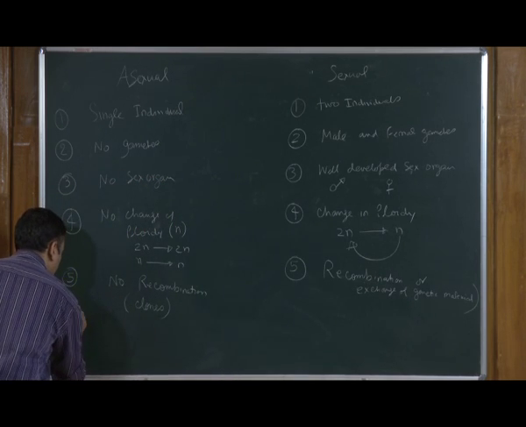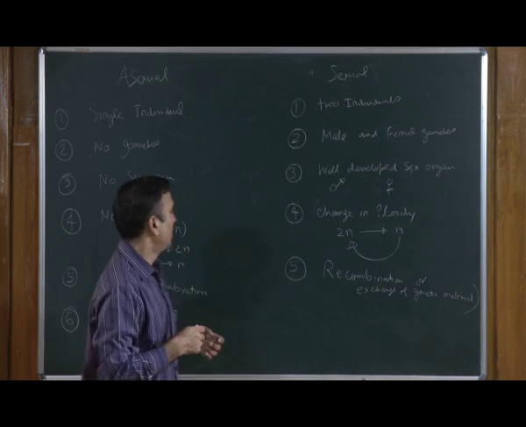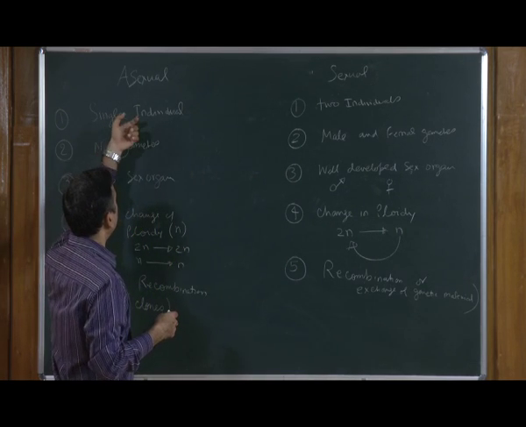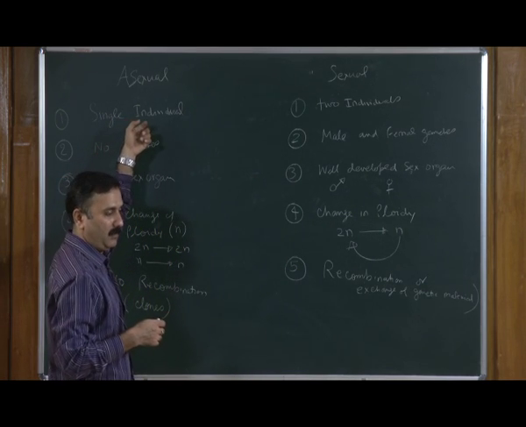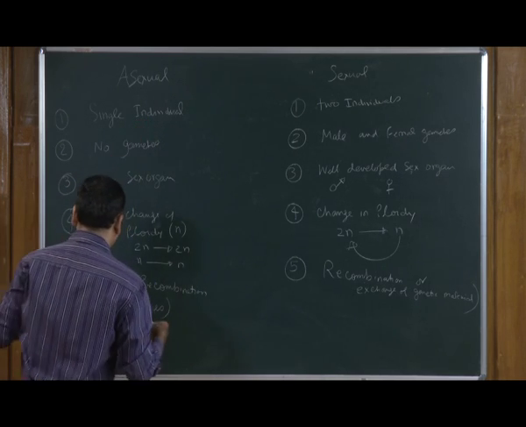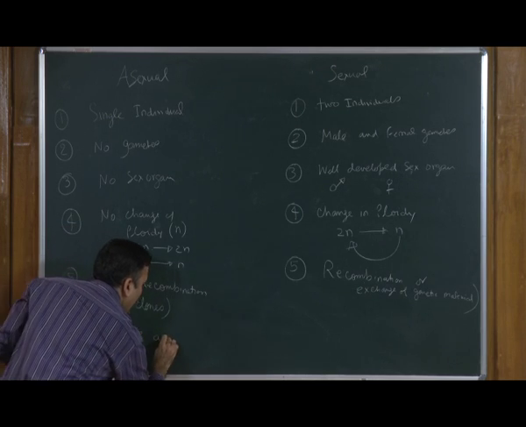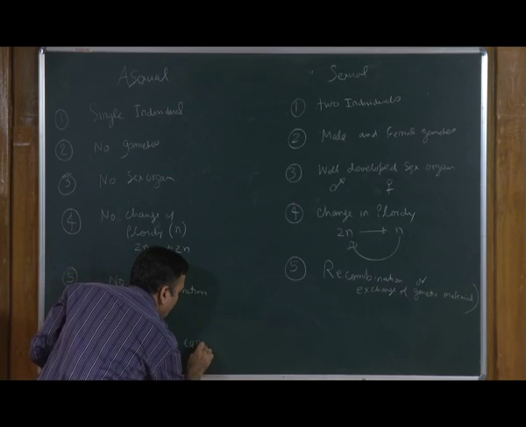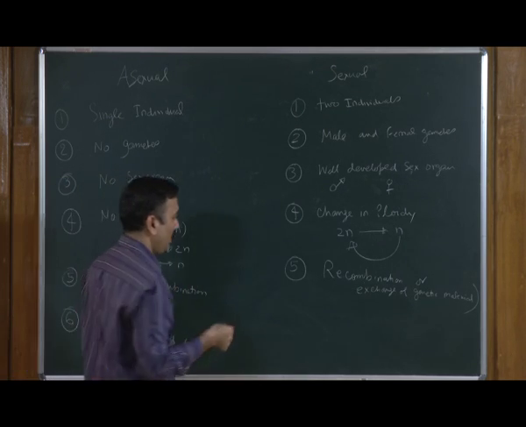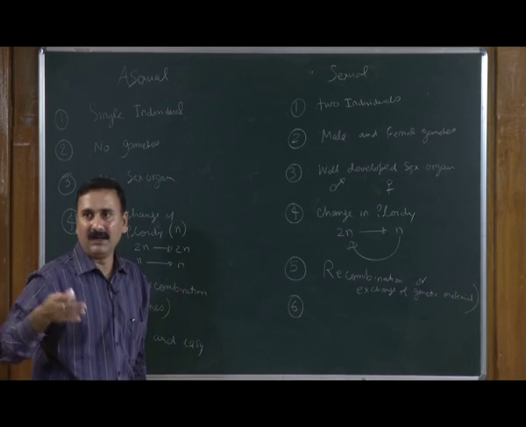Number 6, since asexual reproduction is simply a regeneration of the somatic part of your body, it is quick and easy compared to sexual reproduction, where you are going to have different types of developmental stages.